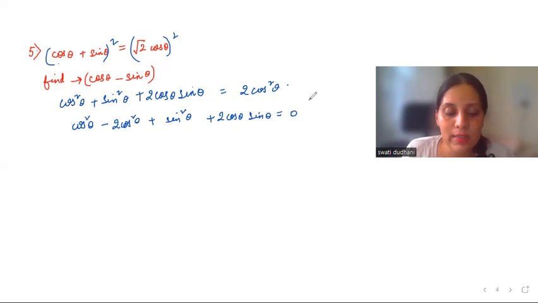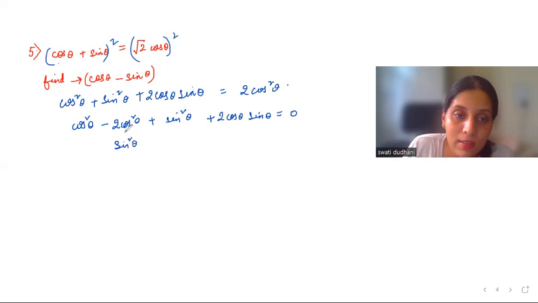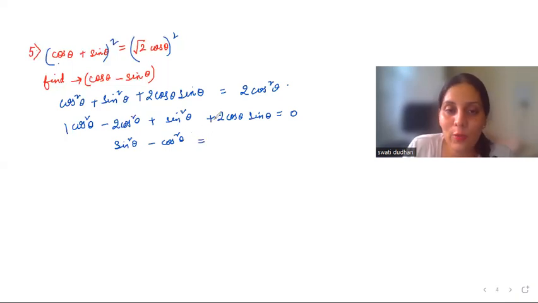Okay. So next, here, sin square theta, 1 cos square theta minus 2 cos square theta is minus cos square theta is equal to plus 2 cos theta sin theta. When I transpose, it becomes minus.